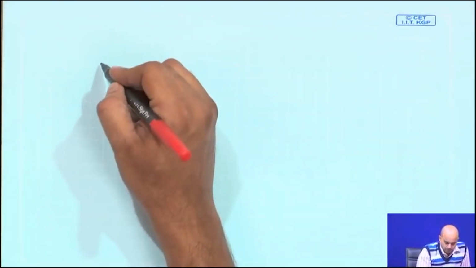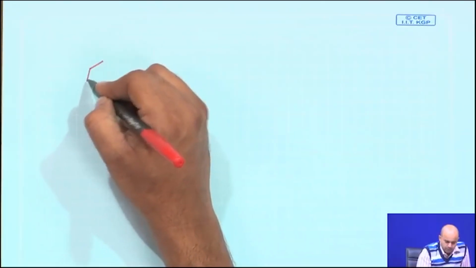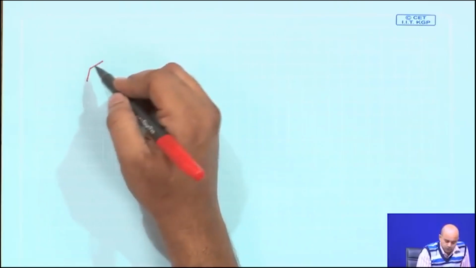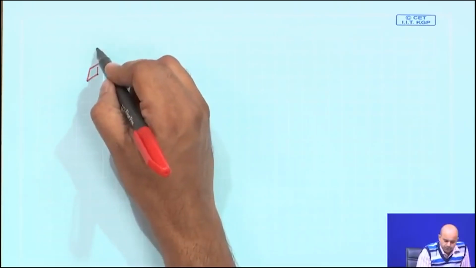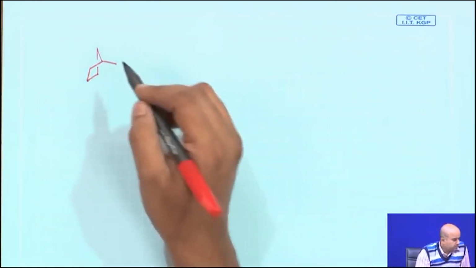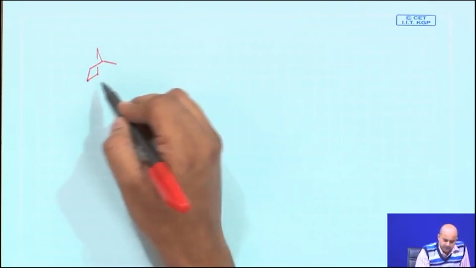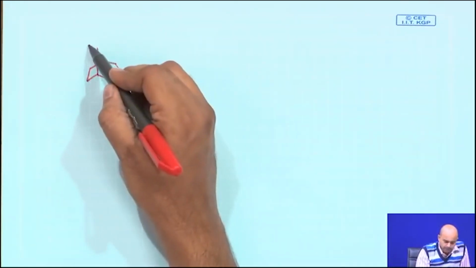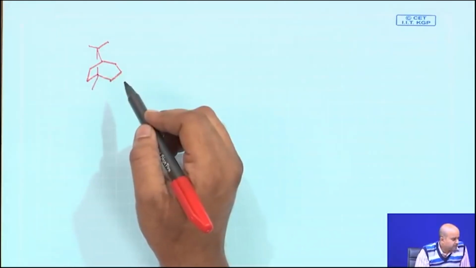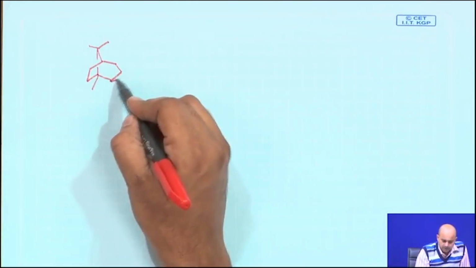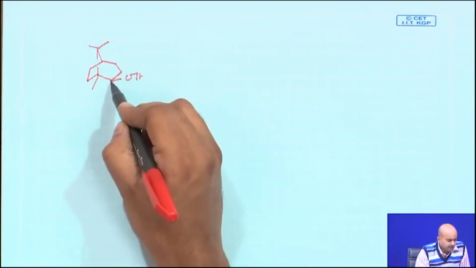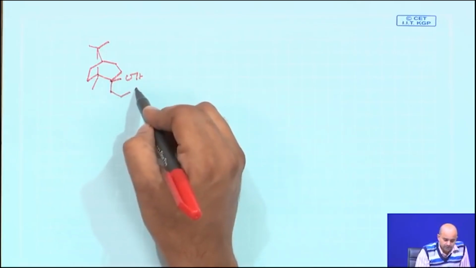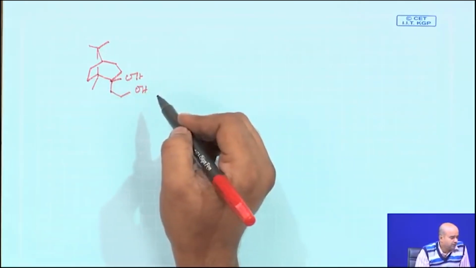So, we will try to have more problems which can also be fitted in the same line. The compound is a bicyclic bridged bicycle and has a 1,3 diol.